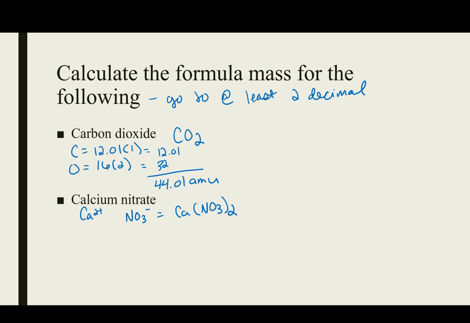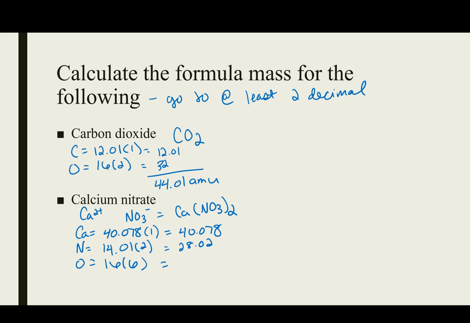And then to calculate that mass, calcium's mass is 40.078. There's 1 calcium in that formula. Nitrogen's mass is 14.01. There are 2 nitrogens. And then oxygen's mass is 16, and there are 6 oxygens. So 40.078, and then the nitrogen would be 28.02, and then 16 times 6 is 96.